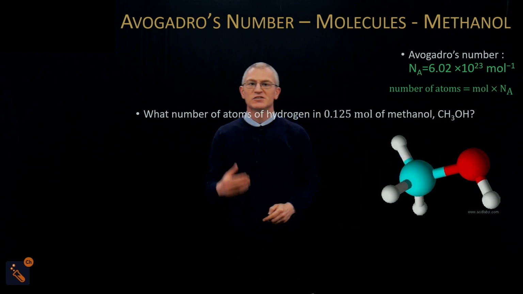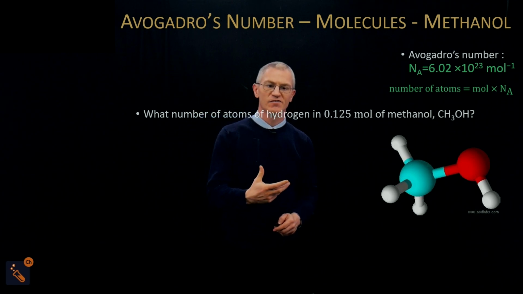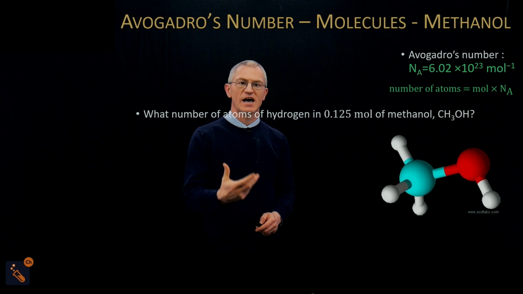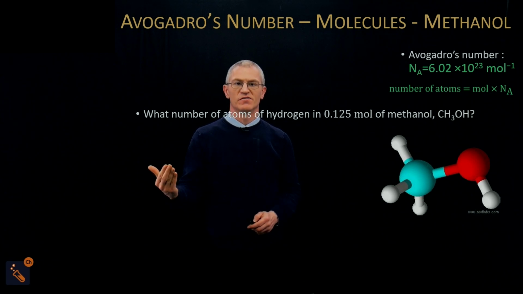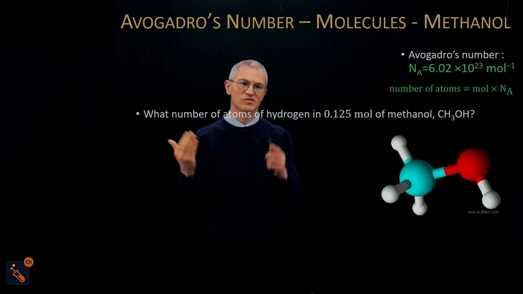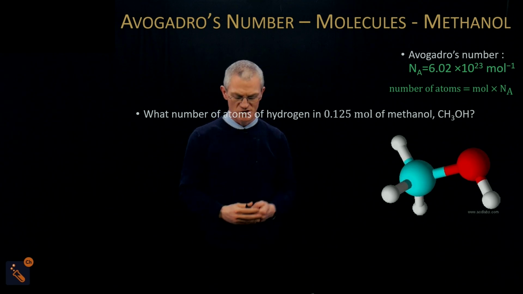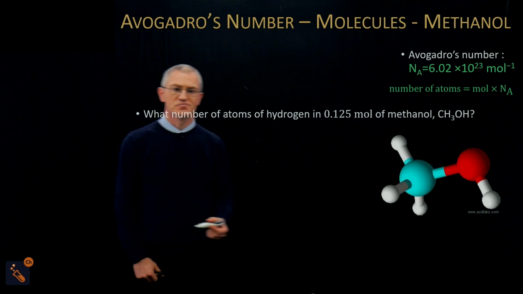So per molecule of methanol, we have 4 atoms of hydrogen. That means if we have 1 mole of methanol, we have 4 moles of hydrogen. It's really important to see that connection. So 1 mole of methanol would be 4 moles of hydrogen.